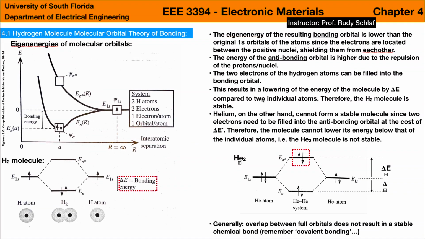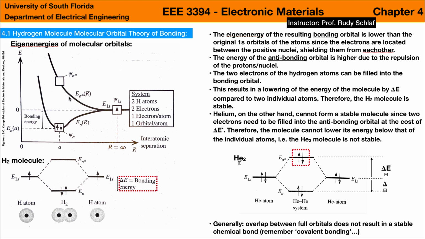Let's look now at the eigenenergies of these molecular orbitals that we just determined. Here you see the potential energy curves for the two states. The lower curve corresponds to the bonding orbital, while the upper curve corresponds to the anti-bonding orbital.